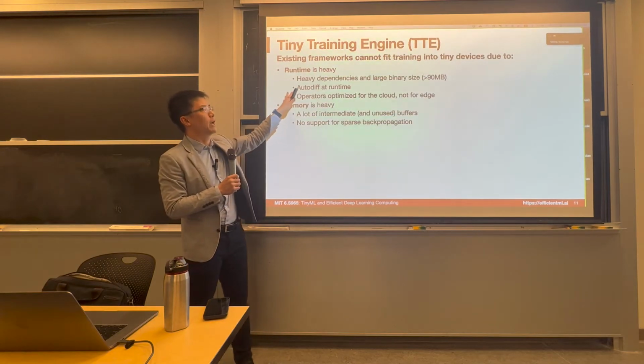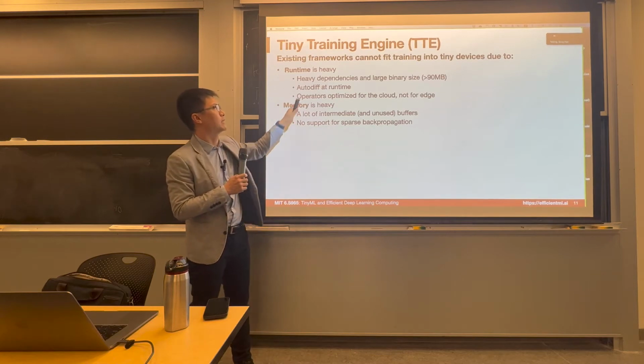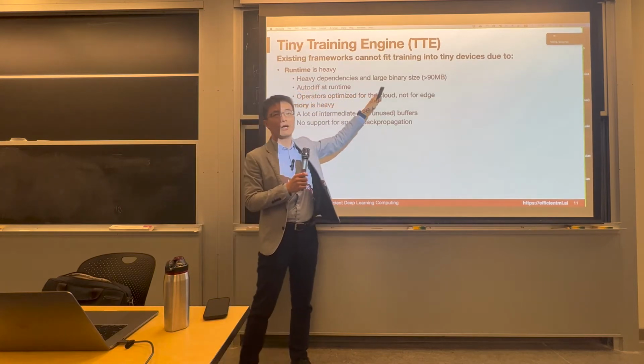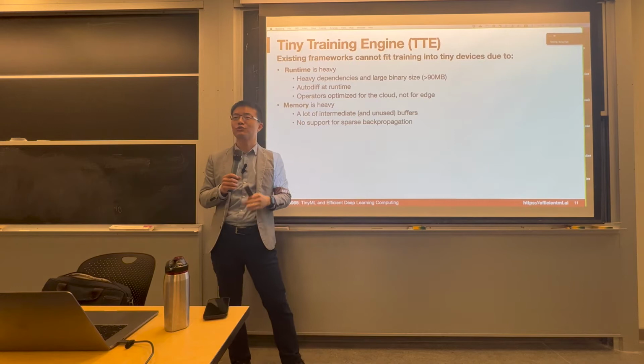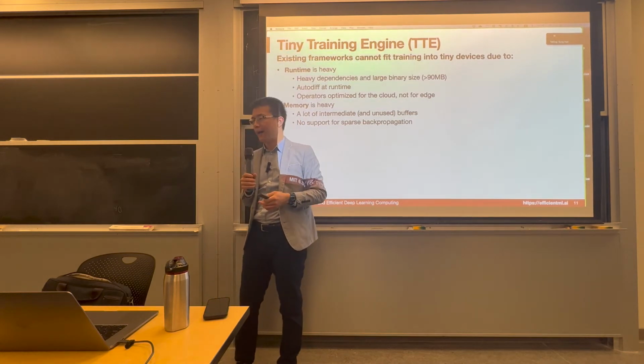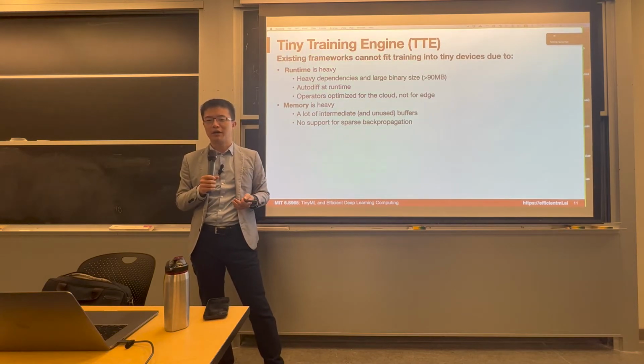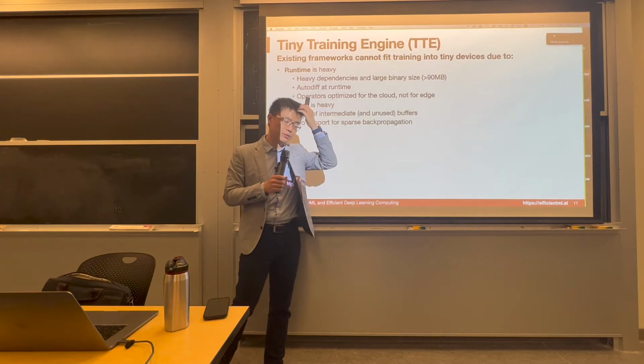So here are the drawbacks of autodiff at runtime. It has heavy dependencies and a pretty large binary size, since you don't know which operators you are using. For example, if you're only using certain convolution layers, but since at compile time you don't know which ones you're going to use, the binary size will be pretty large.